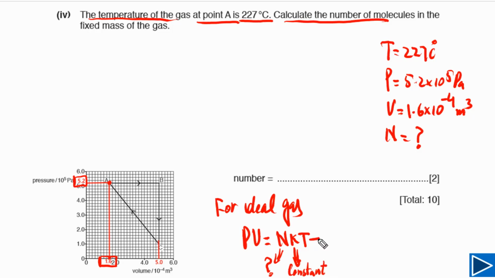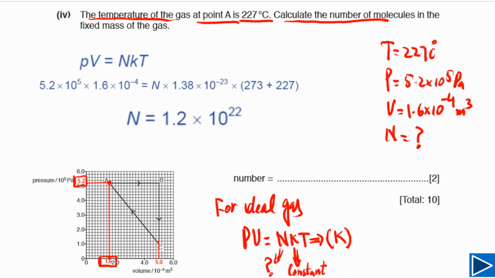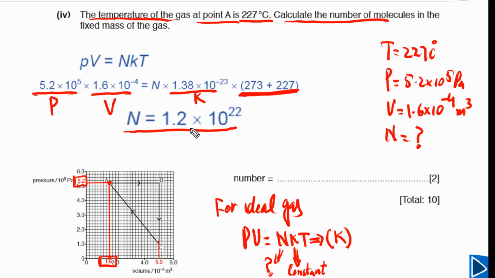But one thing we need to be careful about: temperature must be in kelvin, and then we simply use the formula to find N. This is how you can do the calculations. This is the value of P, this is the value of V, and this is over k, which is a constant, and this is how we have converted temperature into kelvins. Then just plug in the values in your calculator and you can find the value of N, which means you can calculate the number of molecules.